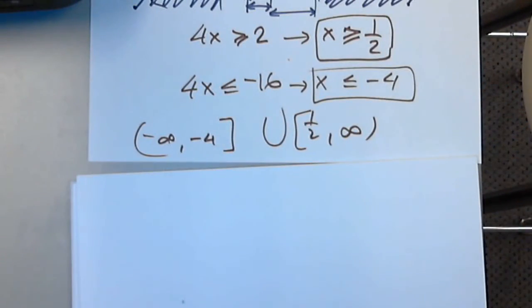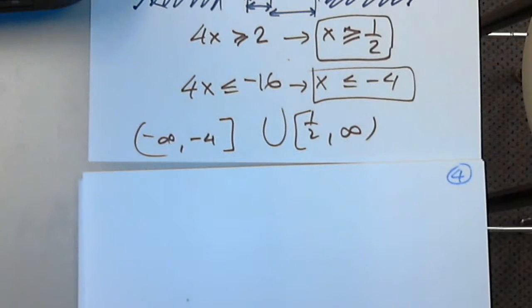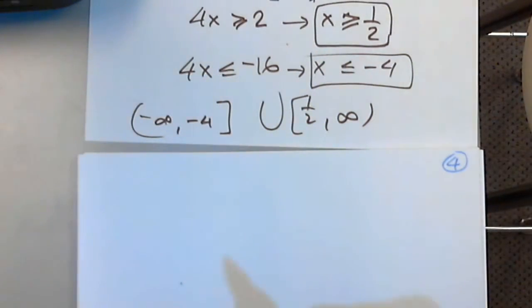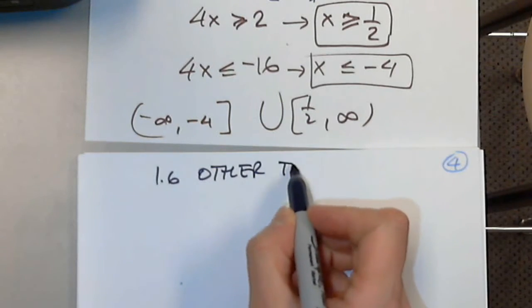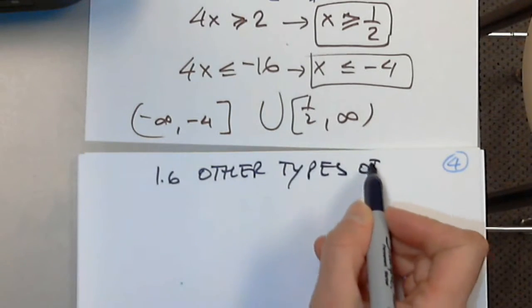I'd like to go back to some different equations, other types of equations other than quadratic. Okay, so let's look at, so this is back to 1.6, other types of equations.